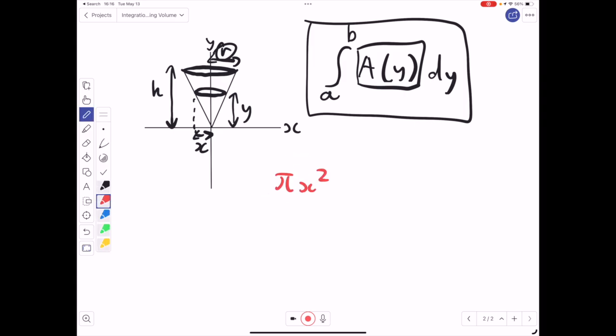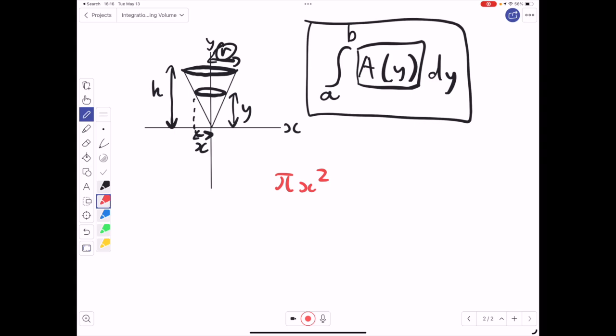However, we have to make sure that x is written in terms of y because we are integrating with respect to y. Now, to make that happen, we can use proportions.